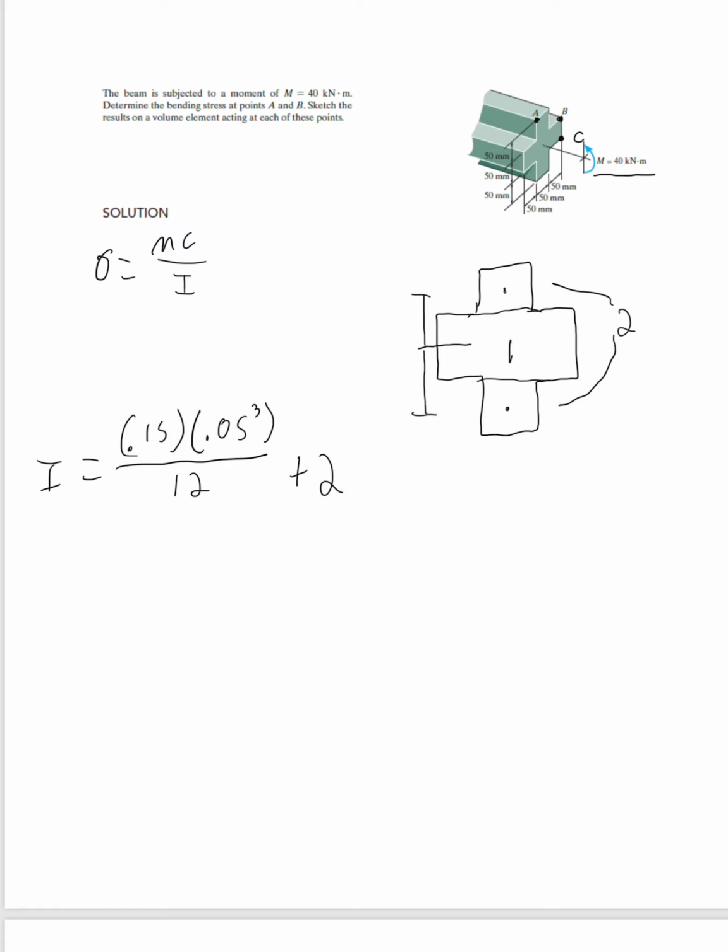And then plus 2 times, because we have 2 of these shapes, they are 0.05 by 0.05 over 12 plus 80 squared. The area is going to be 0.05 squared because it's a square. And the distance from here to here is also going to be 50 millimeters, or 0.05.